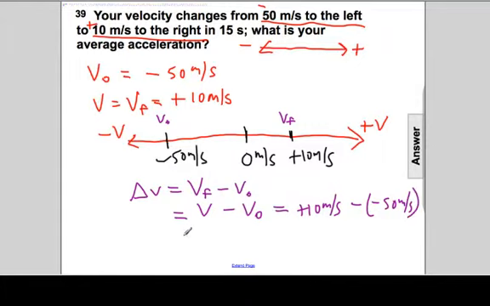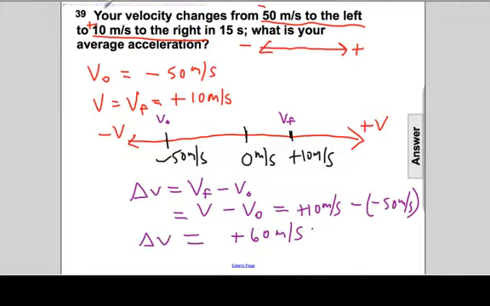To find the delta V, we say positive 10 minus negative 50. Minus the minus is a plus, so that becomes positive 10 plus 50. The velocity change is positive 60 meters per second. So again, that's the delta V.